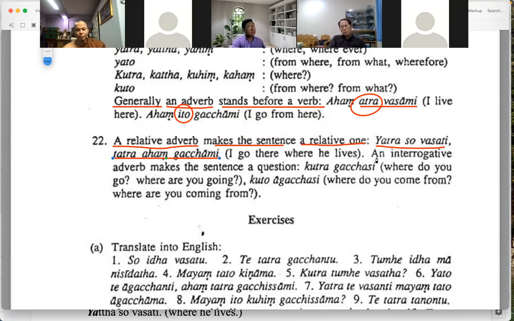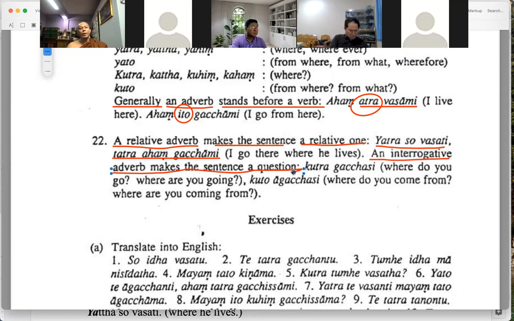And then, interrogative adverbs make the sentence a question to ask the location or time. So if we use a local adverb, we will ask location. Where do you live? Where do you go? Where are we going? In this way.